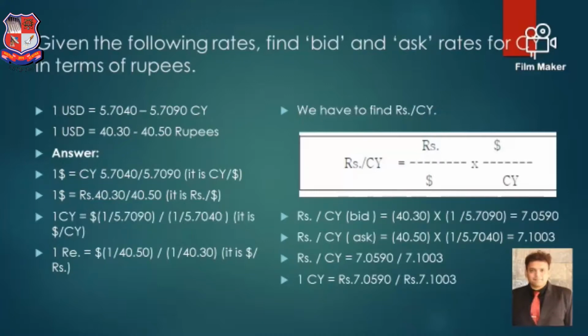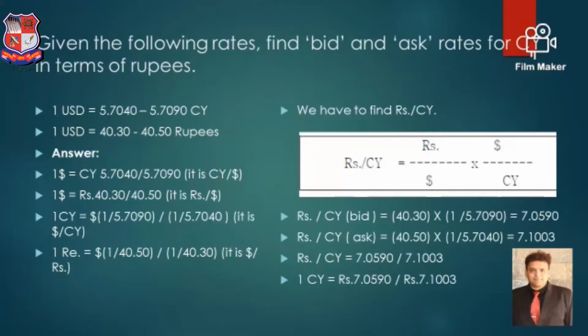So let us find out. $1, we convert this rate. $1 equals, as given, for Chinese yuan 5.7040 and 5.7090, and for rupees $1 equals 40.30 and 40.50. Now the first rate, Chinese yuan to dollar, we will reverse, and then multiply with the second rate, which is rupees to dollar.